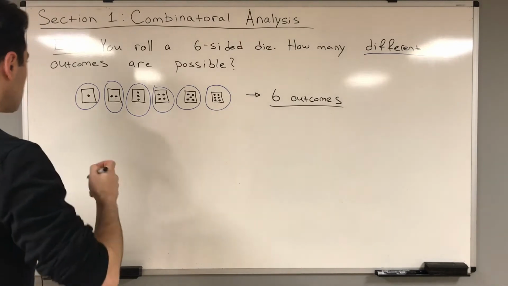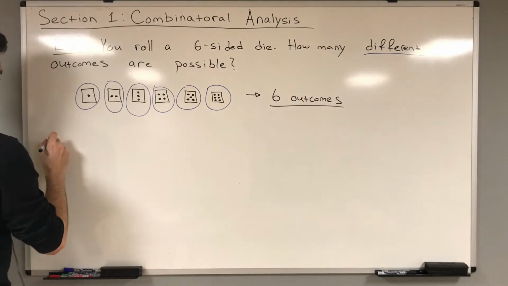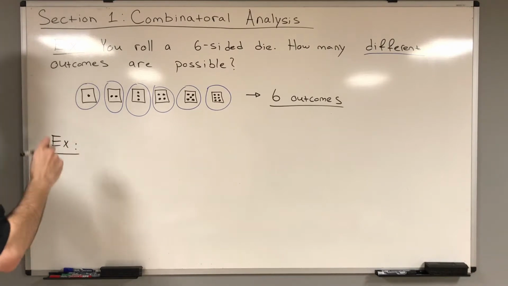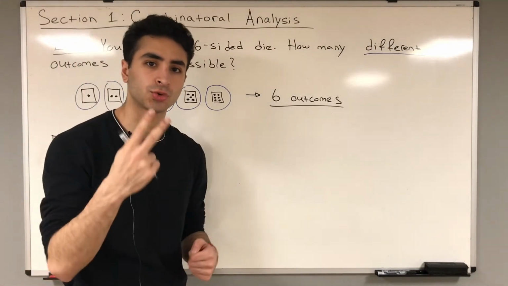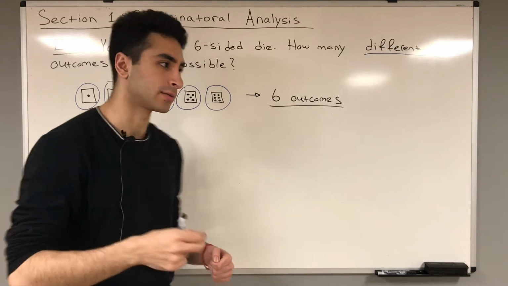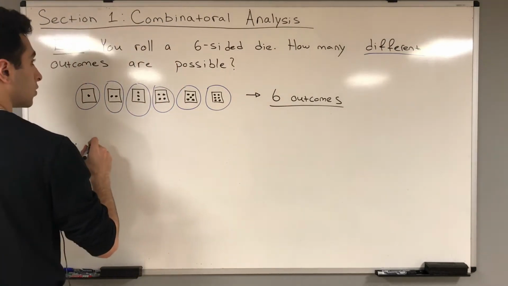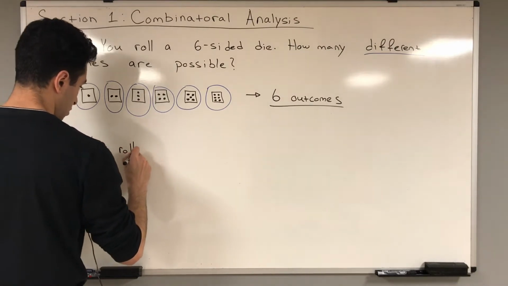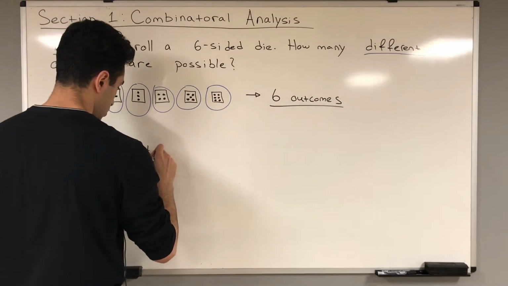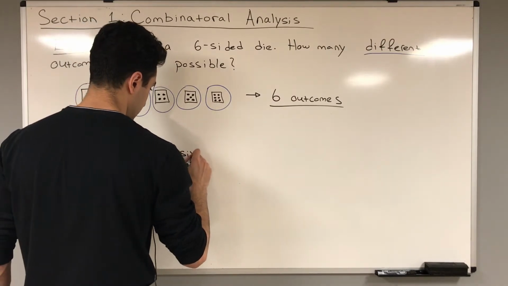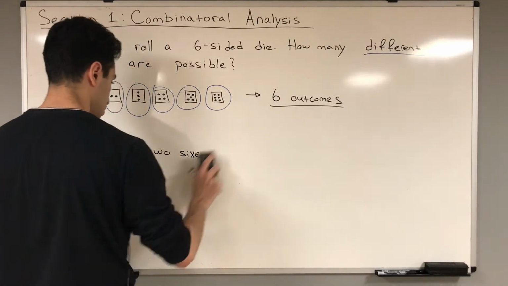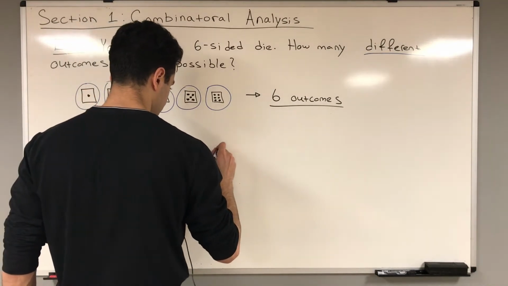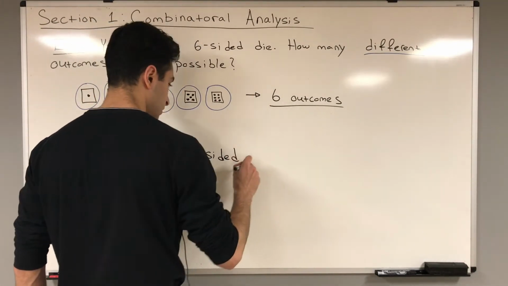So here's another example. And it's another die example, but this time you roll 2 six-sided dice.